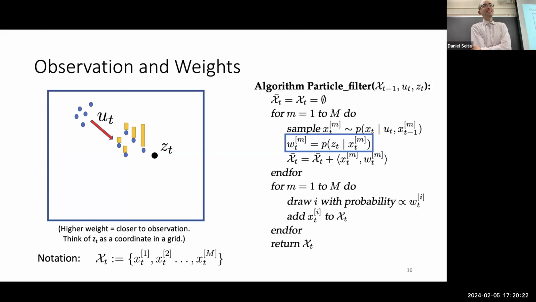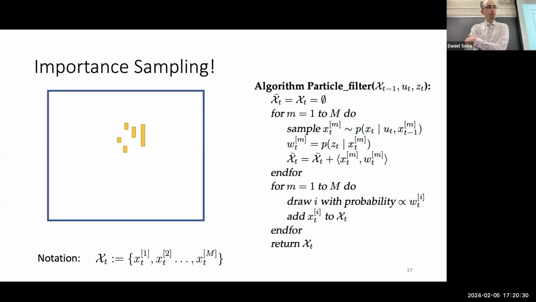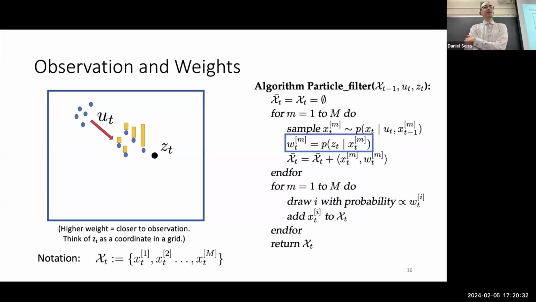Questions up to here? Oh, yeah, question? The same action would be applied at T plus one, so how does it go to two different groups?